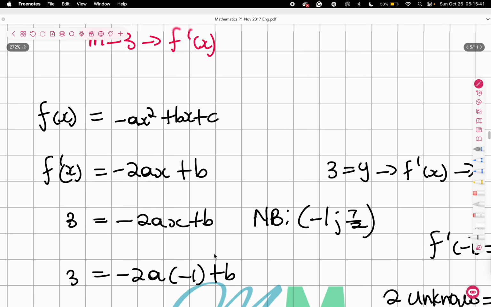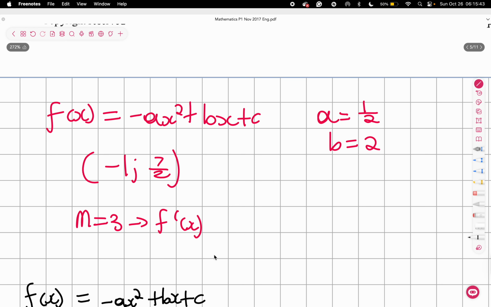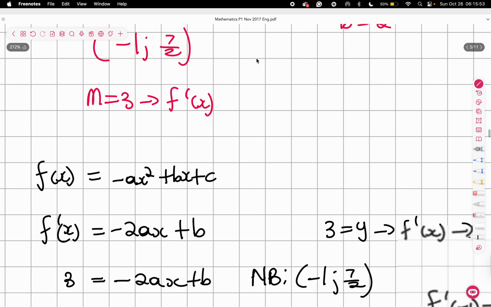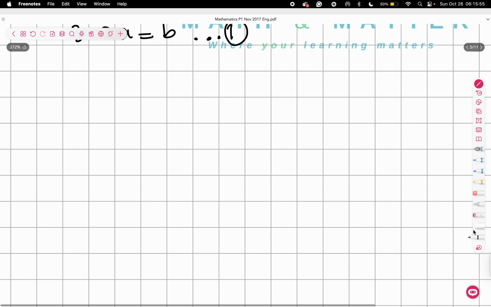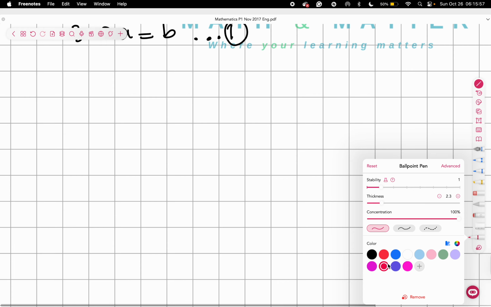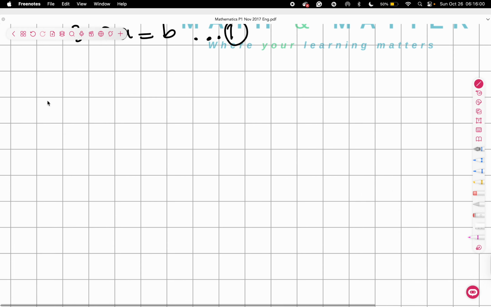But now, the second equation is going to come from the original equation where we just substitute the point negative 1 and 7 over 2. So I'll just rewrite the equation here. We have f of x is equal to negative ax squared plus bx plus c, and the point is negative 1 and 7 over 2.